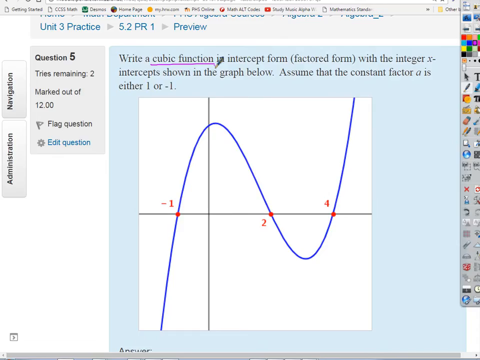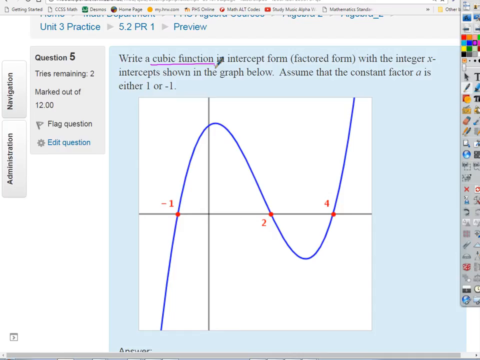So let's take a second and talk about what that word means. If it's a polynomial and it's cubic, what's that mean? Okay, good. So the degree of the polynomial, the biggest power of x, is 3. What if it were a quartic polynomial? What's going to be the degree? 4.